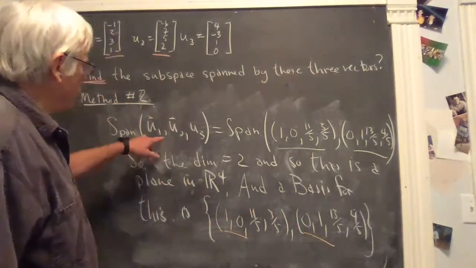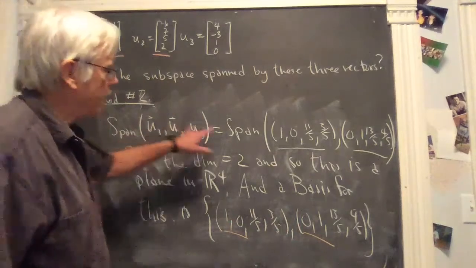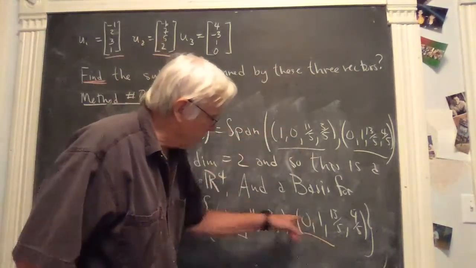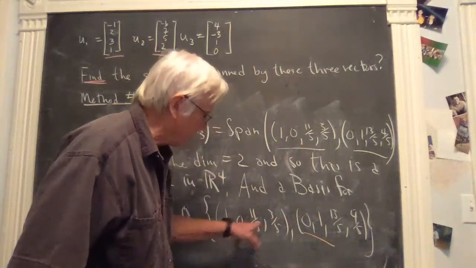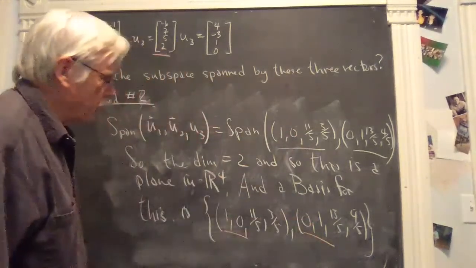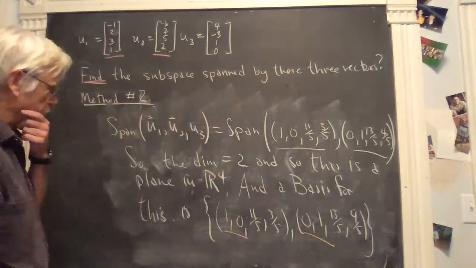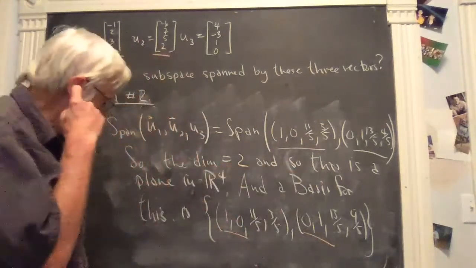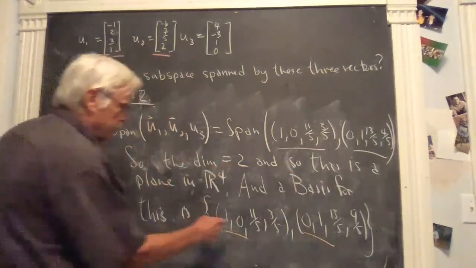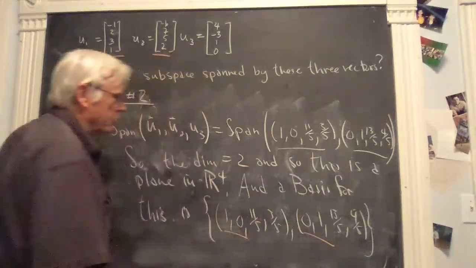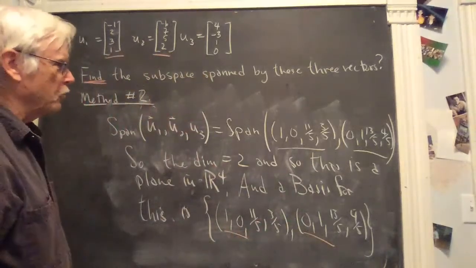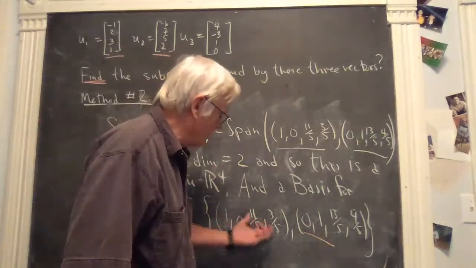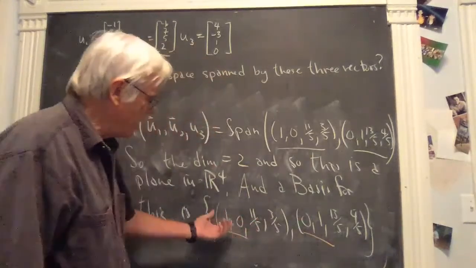You can't necessarily see immediately that this span is the same as this span, but once you know that these vectors span it, you know they're linearly independent, and so you know that they are a basis for this subspace, that the dimension is 2, and so this is a plane. This is called a stepped basis for that reason. The other basis is just a plain old white bread basis, but this is a stepped basis, and it has a particular form.